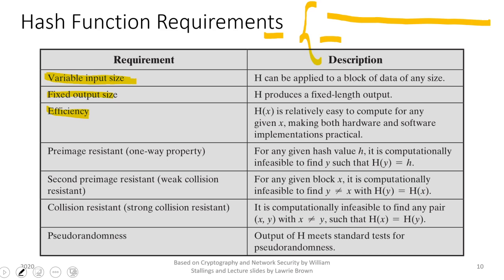Then the other main properties that we have discussed are pre-image resistance, or the one-way property. That is, we are not able to go back to the original message or predict the original message from a hash. So the reverse calculation is not feasible.